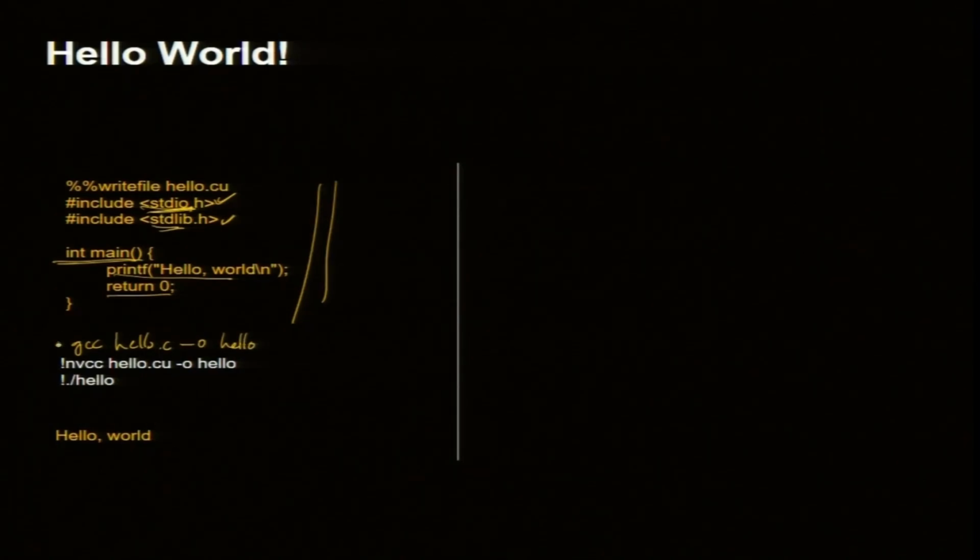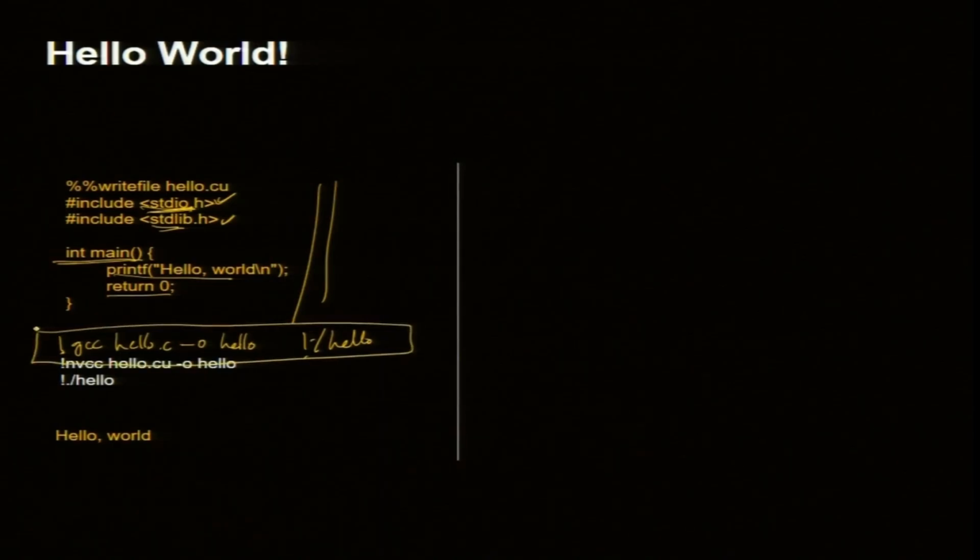This creates executable code in Colab, and after that we can just run ./hello. So, this is how I execute my C programs: first compile it, get the executable file which is hello, and run it.